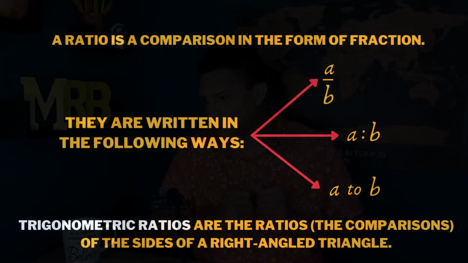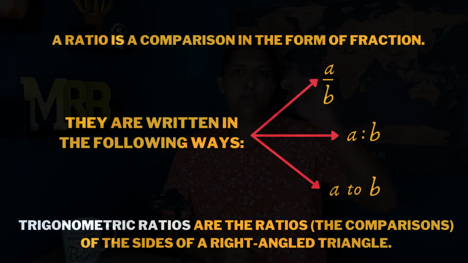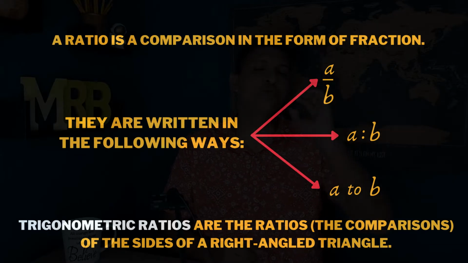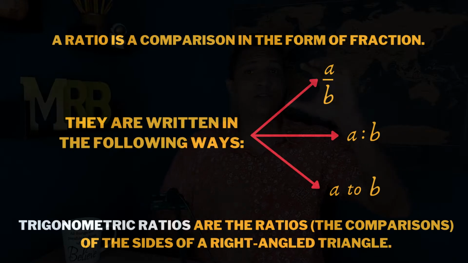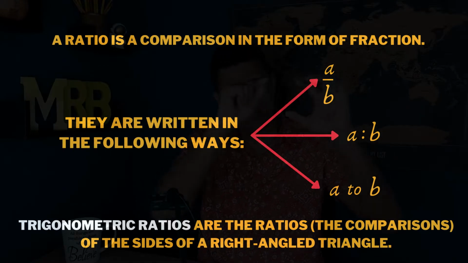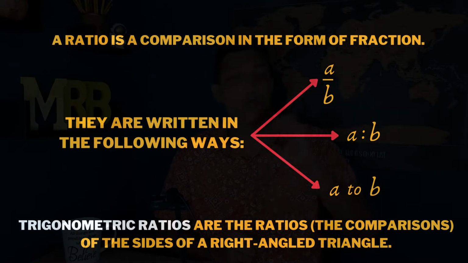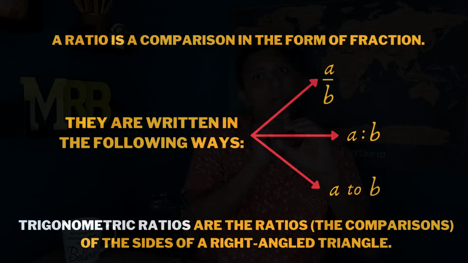We can represent the ratio in different forms, okay? As you can see here in the slide, we can do it dividing A. Always we read it as A to B, but we can write it as a fraction, A divided by B, or we can use a colon, A colon B, okay?